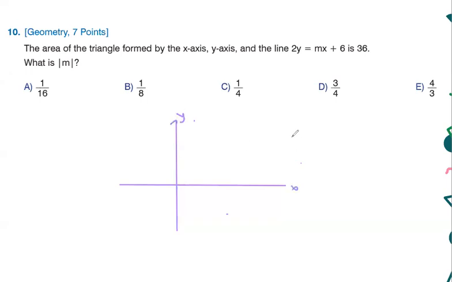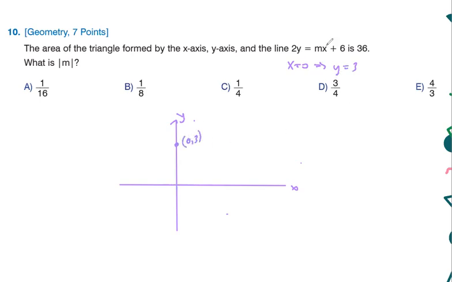We don't know the value of m, but we know the area of the triangle. If I don't want to deal with m first, let's plug in x equals 0 so we can get the y-intercept. If x is 0, this term will be gone, so 2y will be 6, which means y will be 3. So one of the intercepts, our y-intercept, is (0, 3).